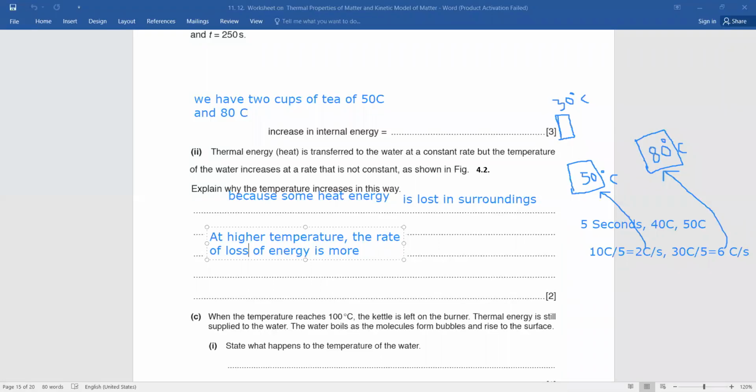So take all these notes, because if you take these notes, then you can remember it easily. And here you write beside 30 degrees, it is room temperature. We have cups of tea at 50 degrees Celsius and 80 degrees Celsius, and this one is room temperature.